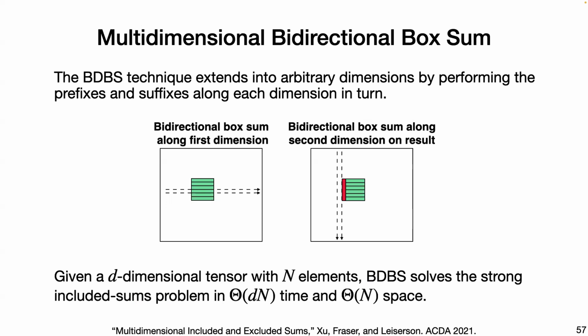Then if you do the same algorithm vertically on that previous result, summing up this k window is now all of these together. And it's 1 pass per dimension, so that's where the d times n comes from.